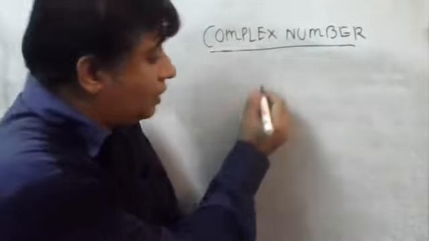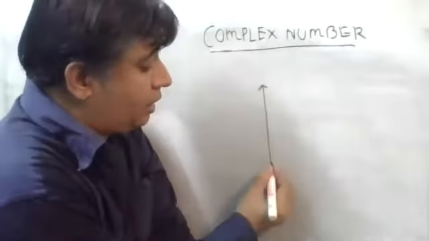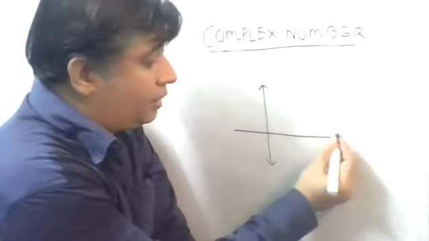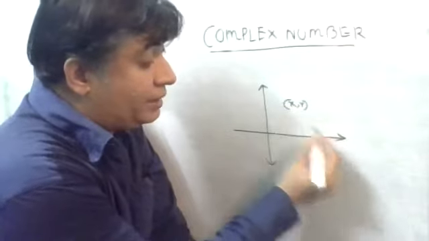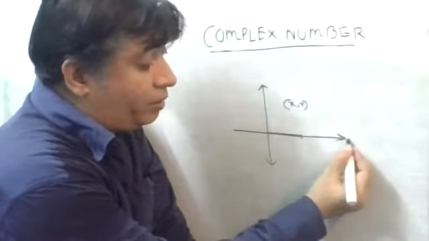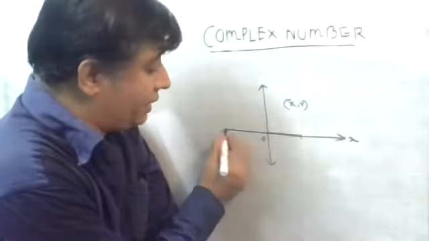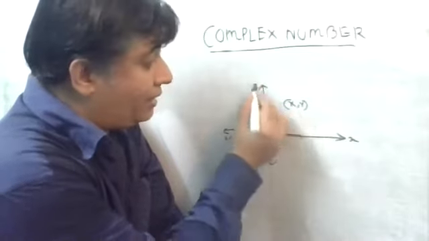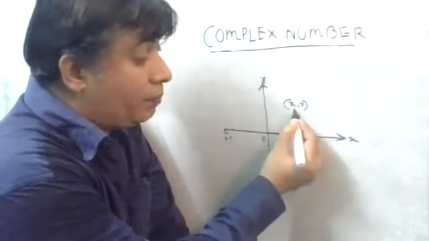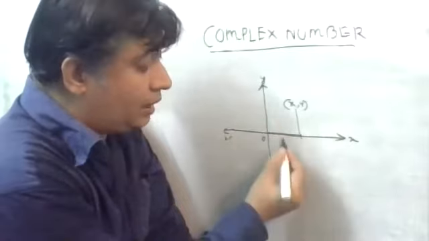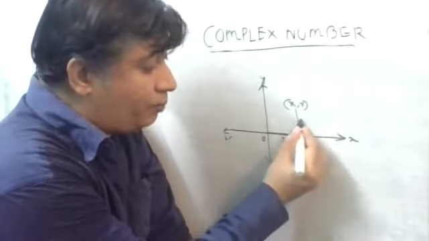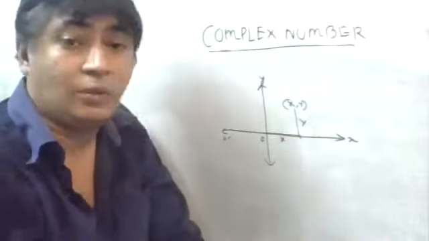See, draw the Argand plane again, and take a point x, y. x is the x component along the horizontal axis, the real axis, and y is the y component along the y-axis.